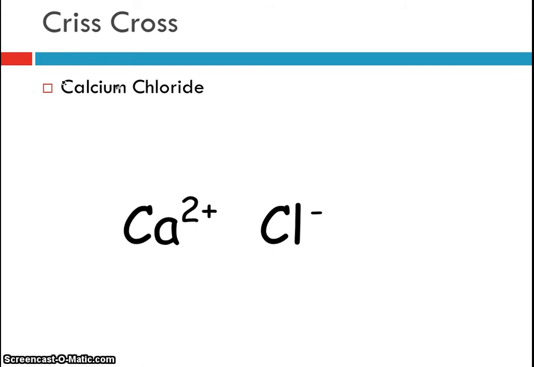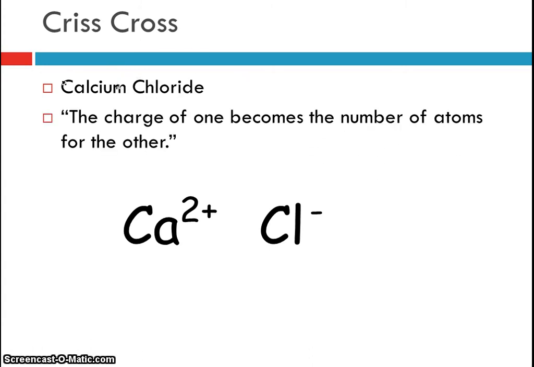Now, we have to crisscross! What that does is the charge of one becomes the number of atoms for the other. So the 2 plus is the charge, and that's going to become the number of atoms for the chlorine.